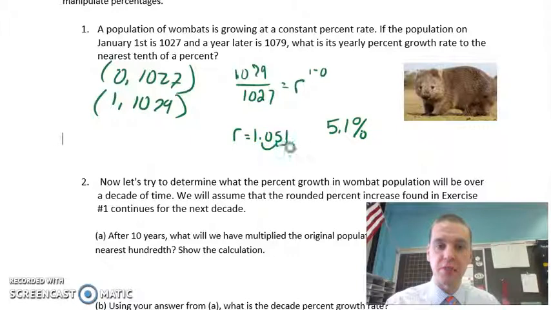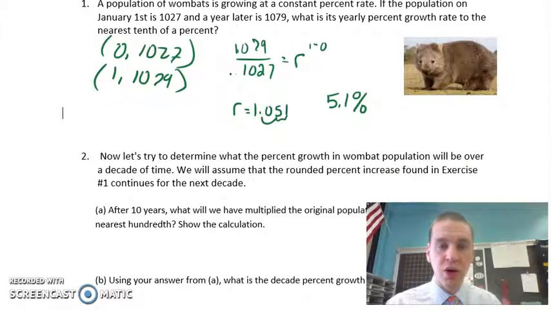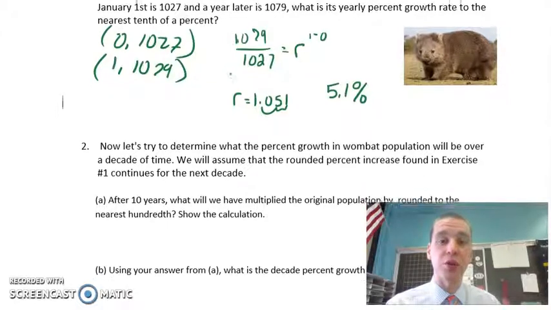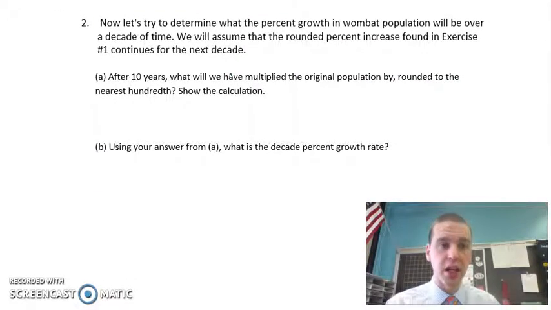Again, you can move the decimal place over 2 spots and then take off the 1, because the 100% just means that the original population is there. So again, percent growth we know is a geometric series or sequence, and we're looking for the r value.